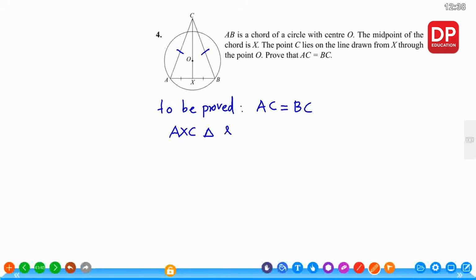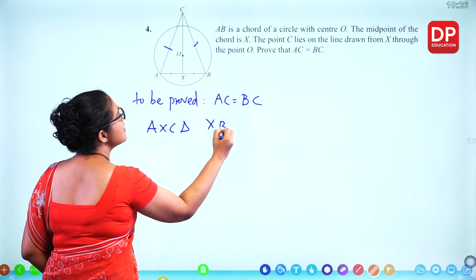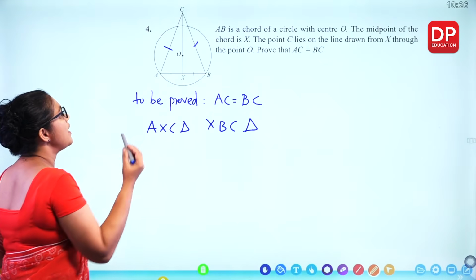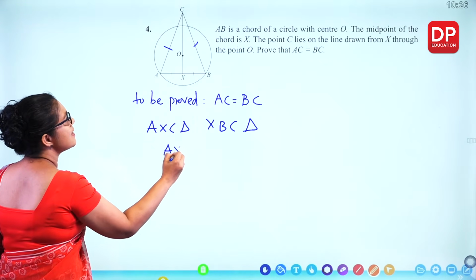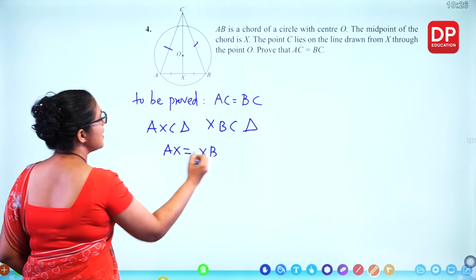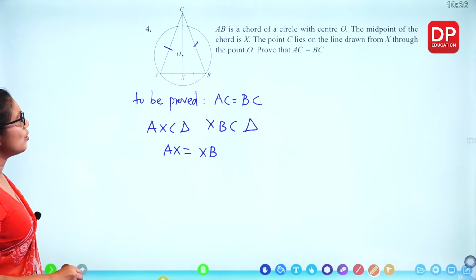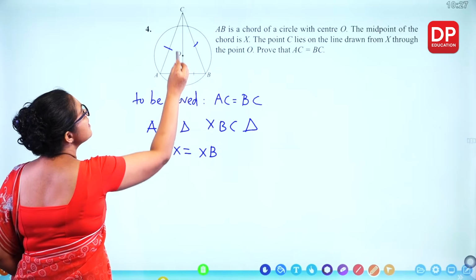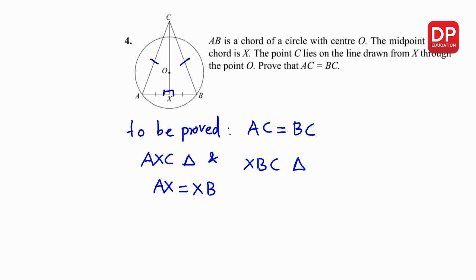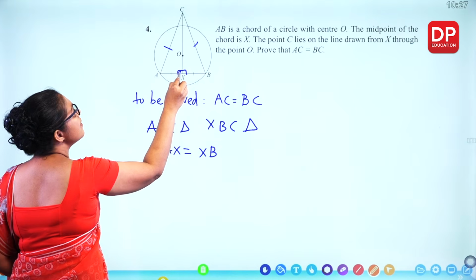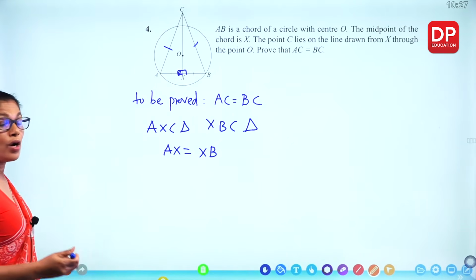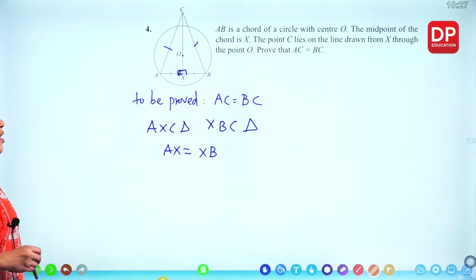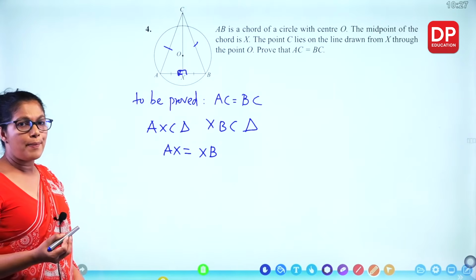Now we'll look at the triangles, AXC triangle and XBC triangle. When you look at this triangle, we know that AX is equal to XB. And also we know this is perpendicular. According to theorem number 1, when you draw a line joining the center and the midpoint of the chord, these two are perpendicular.